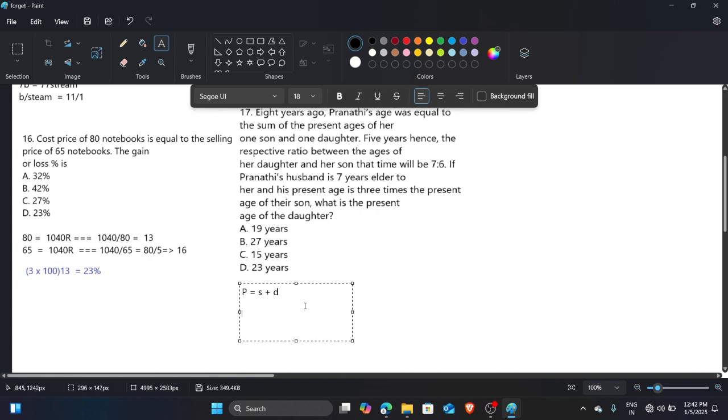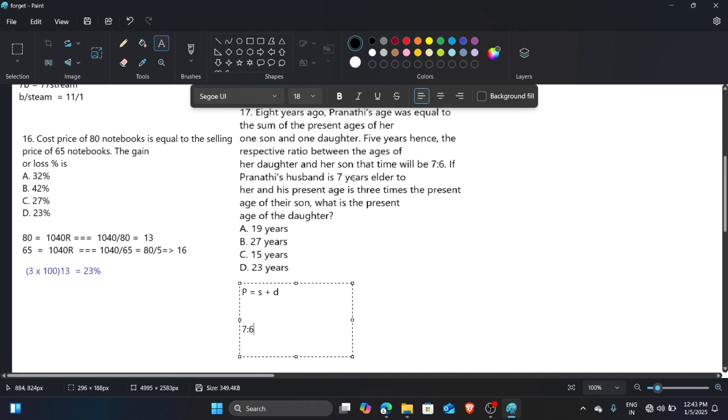Look, this is 8 years ago. This is the present age. This is 8 years ago. Okay, but now from here, 5 years hence, the respective ratio between the ages of her daughter and her son at that time will be 7 to 6.